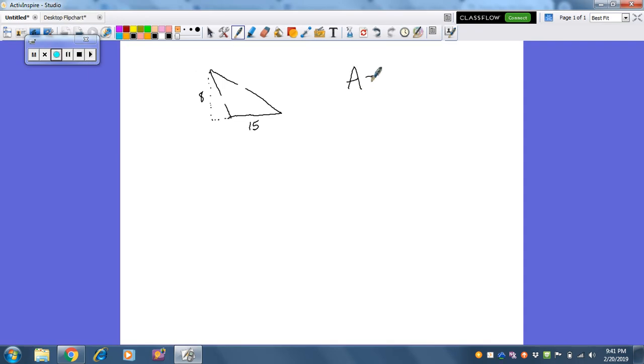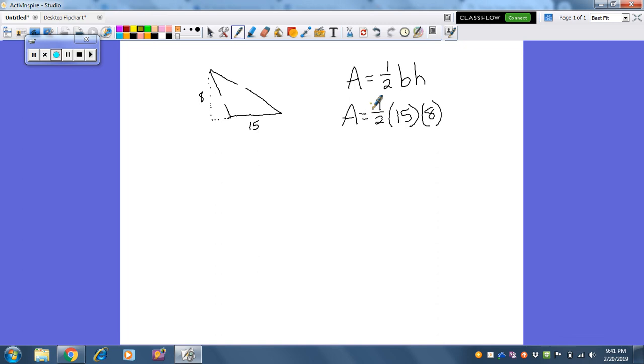So you have A equals 1/2 BH, and B is base and H is height. Then you're going to write underneath it, A is still A, 1/2 is still 1/2. My base is 15, yours is 14. My height is 8, yours is 10. Now, it's multiplication, so I can do it in any order I want.